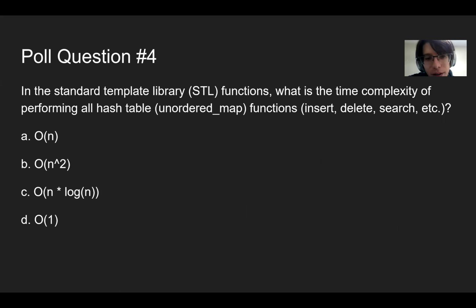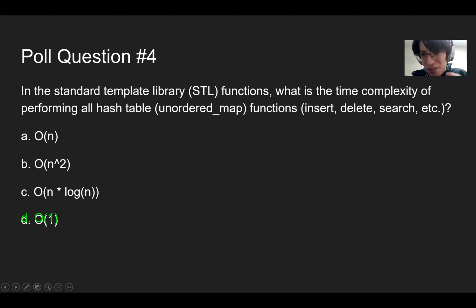The standard library: what is the time complexity of performing all hash table functions? Okay, so let's go over this. We know how hash tables work. For insert, remove, search, all of these, ideally we have time complexity O(1).